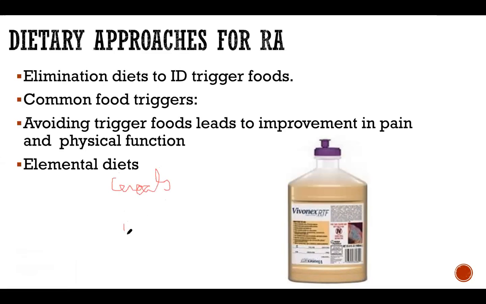So wheat, eggs, beef, port, and I mean port as in port wine, which is a very sweet wine, coffee, corn, which may be in the cereals, oats.